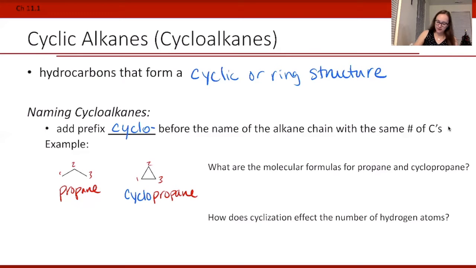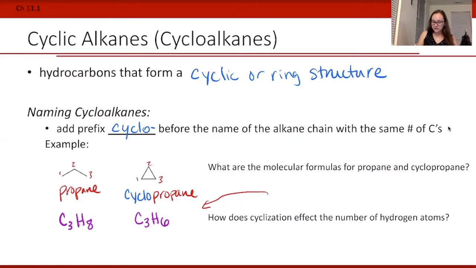So I'm going to write underneath here what they are. If you draw out all of the hydrogens, the easiest way to get to your molecular formula, you get C3H8 for propane. And then for cyclopropane, you get C3H6.